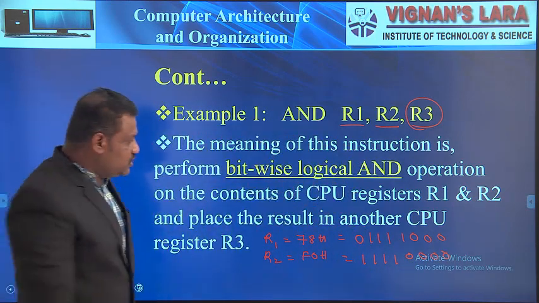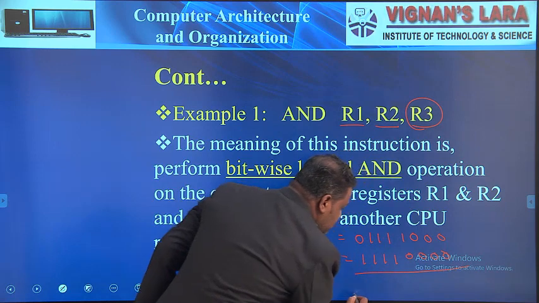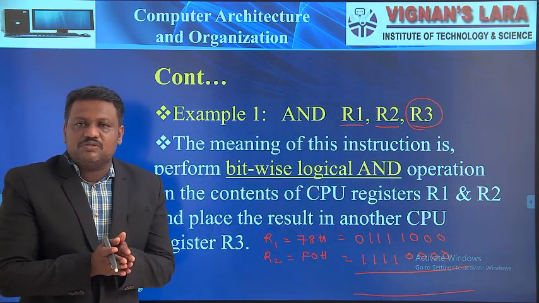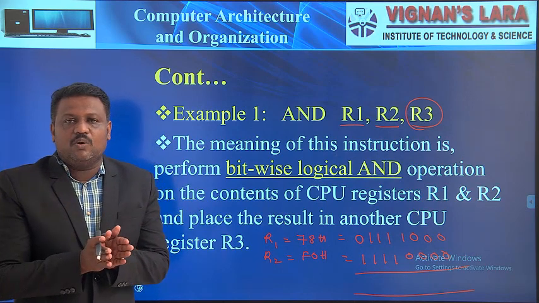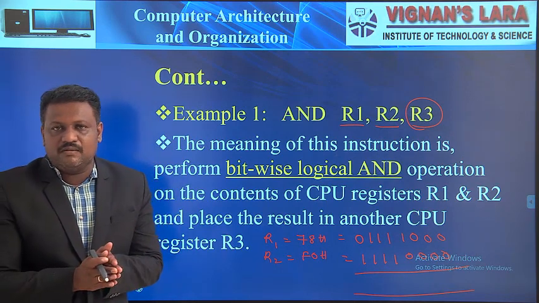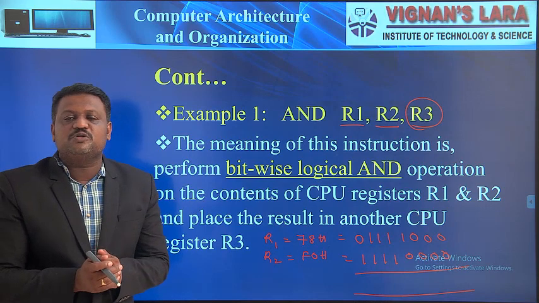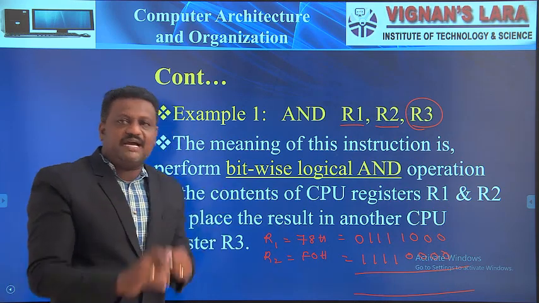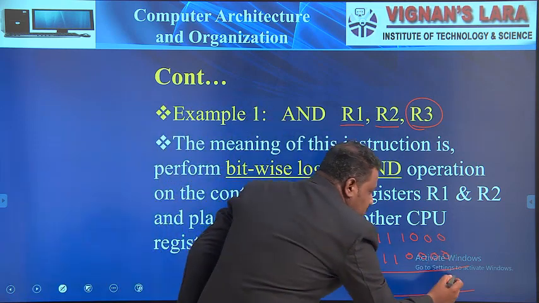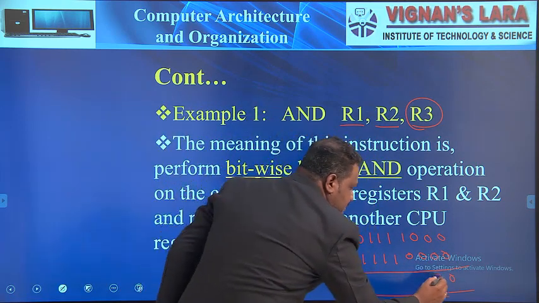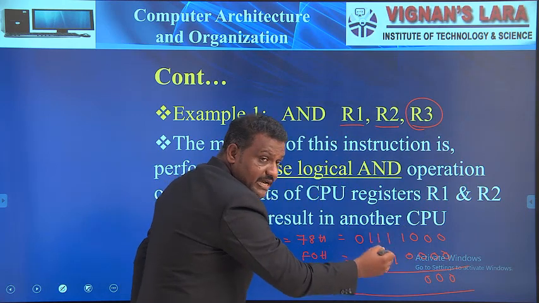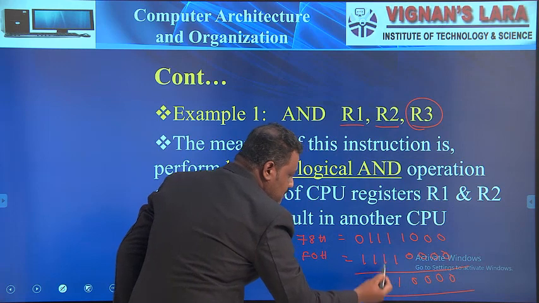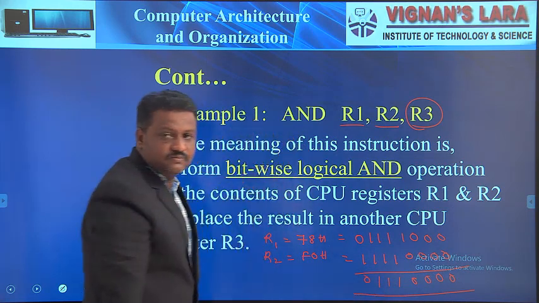In this instruction execution, we simply do a bitwise logical AND. We know that for the inputs of an AND gate, only if both are logical 1, the output is 1. For the remaining cases, the output of the AND gate is 0. If you remember that, here both inputs are 0, 0, so the output is 0, again 0, 0. One ANDing with a 0, output is 0. One ANDing with 1, output is 1, 1, 1, 1 and again 0.